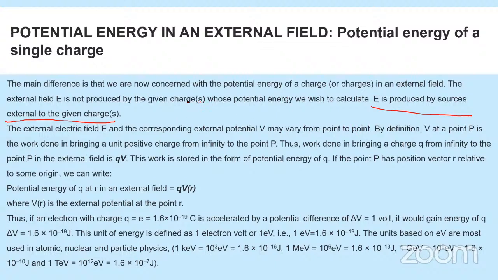Then by definition we can say that V at a point P is the work done in bringing a unit positive charge from infinity to the point P. So this is what we know.